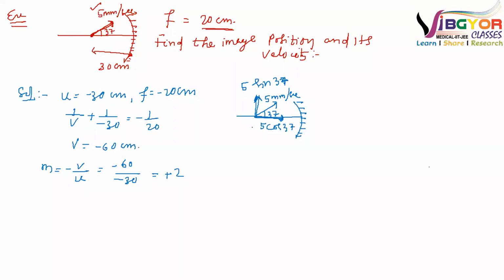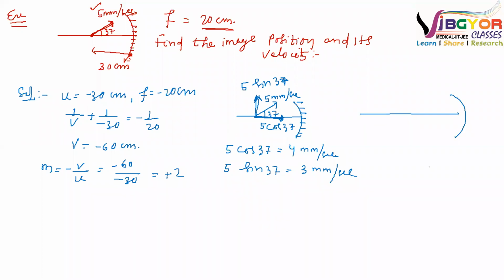So 5 cos 37 is equal to 4 mm per second, and 5 sin 37 is equal to 3 mm per second. Then, students, if I redraw the diagram, this is the mirror.